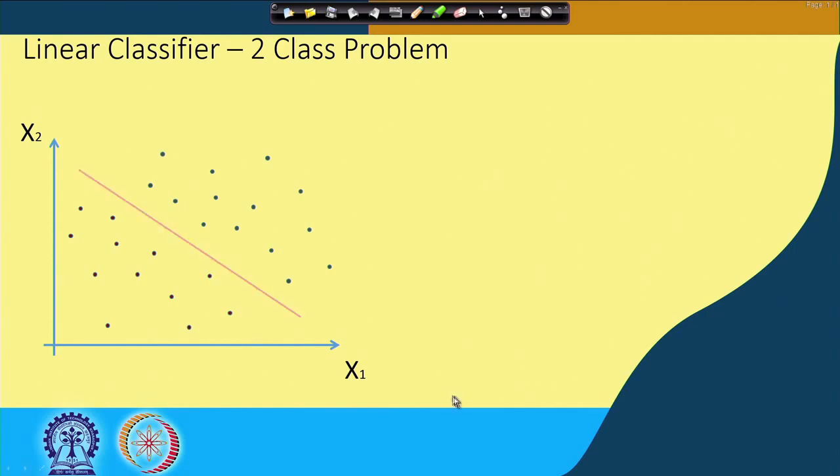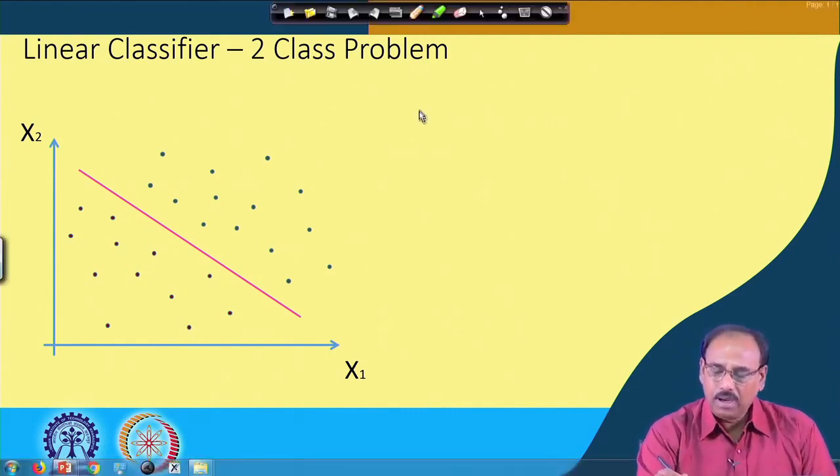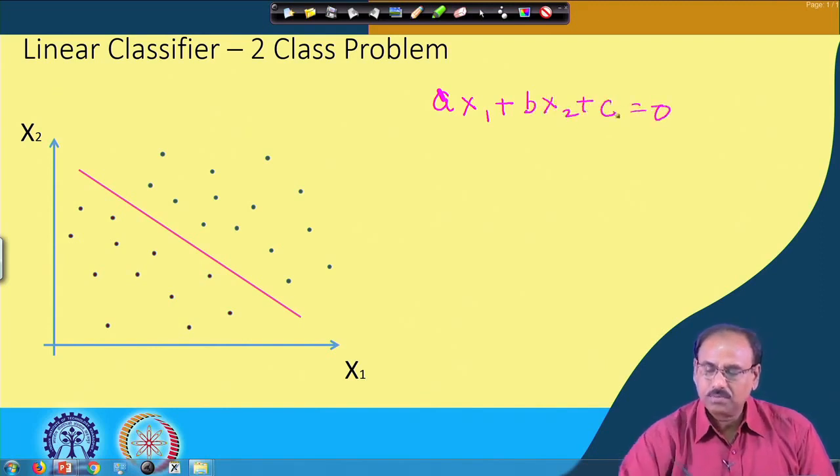The linear boundary in a two dimensional case will be a straight line having an equation of the form a x 1 plus b x 2 plus c is equal to 0.